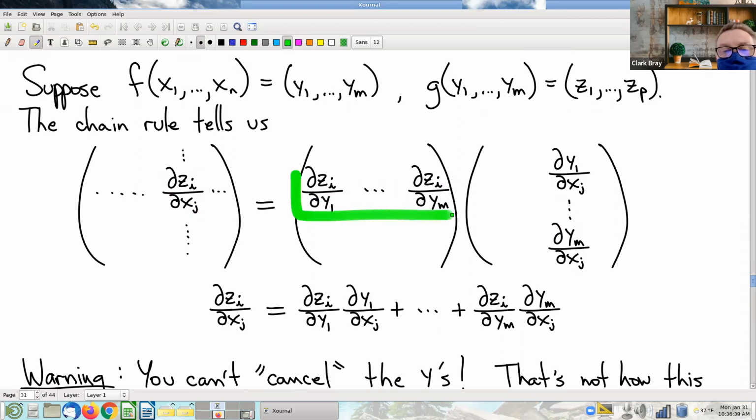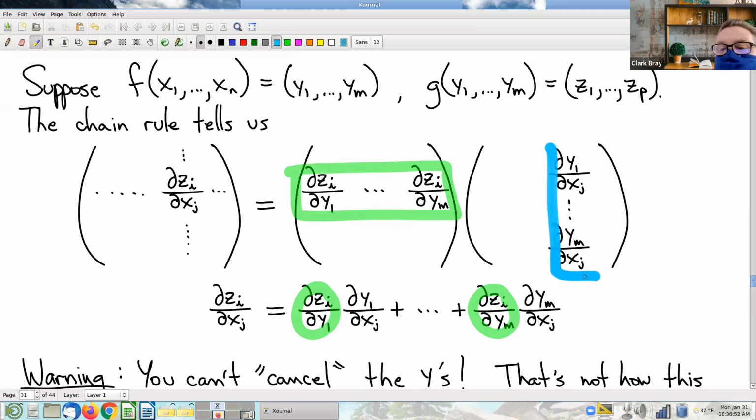I take this row, the various partials of Zi with respect to the various Y variables, and they get multiplied one at a time by the entries in that column, which are of course the partials of the various Y's with respect to Xj.